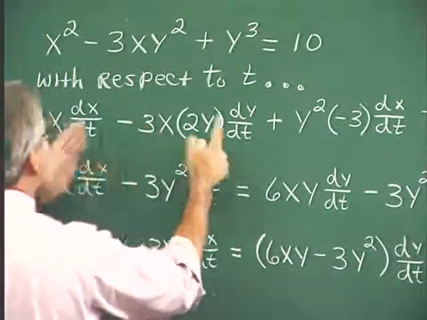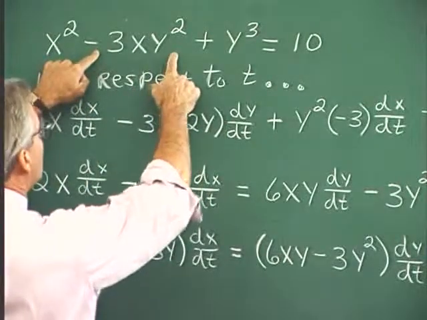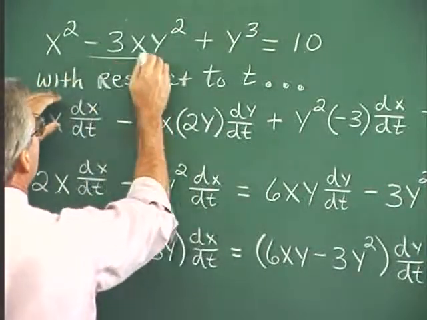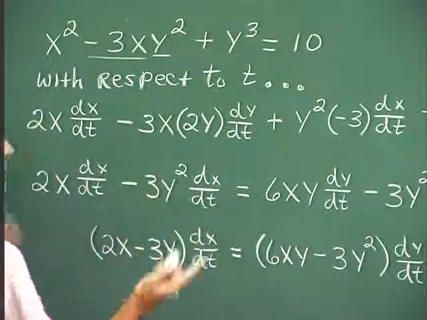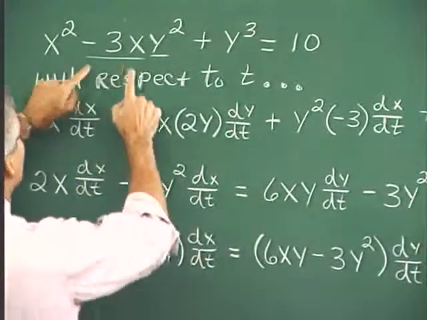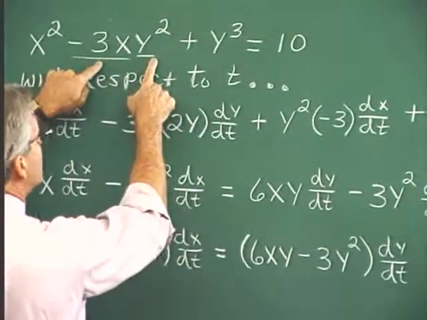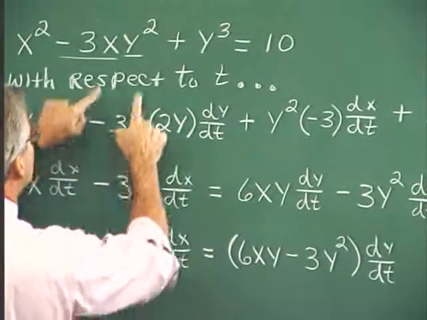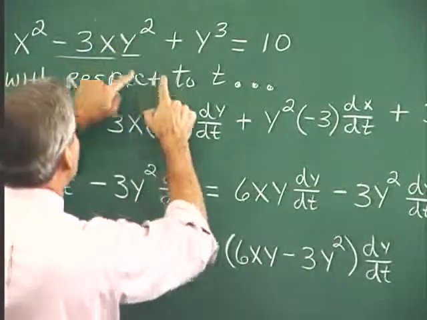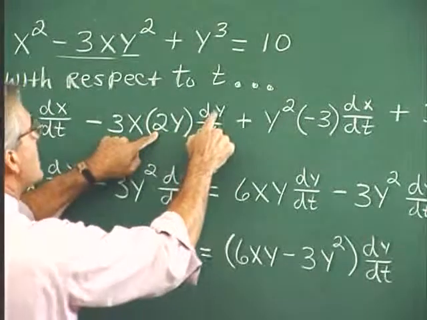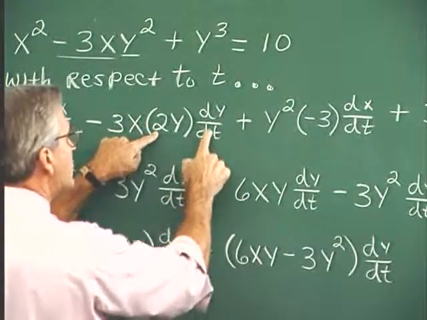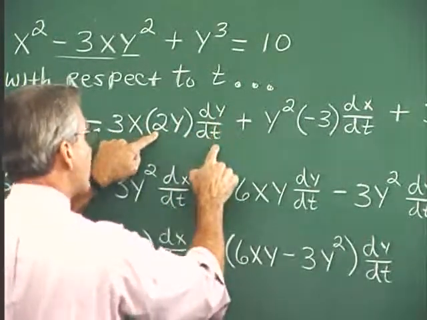And now in the next part, we're using the product rule again. And again, I'm thinking negative 3x times y squared. And this time I'm not using a bracket, no big deal. I have negative 3x times the derivative of this part. So negative 3x times the derivative of this would be 2y, but it's a dy over dt. It's the derivative of y with respect to t.